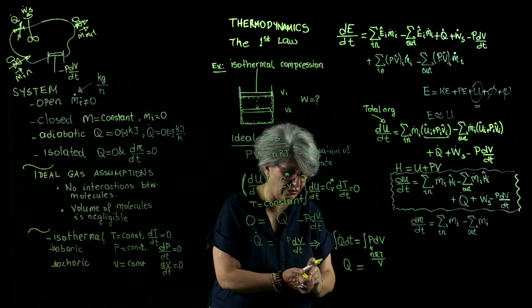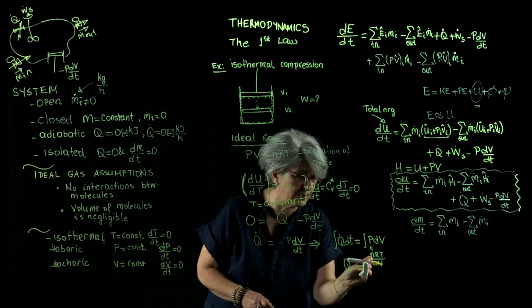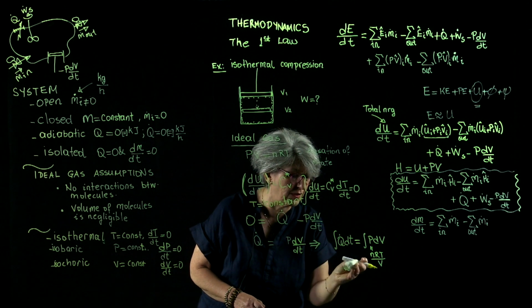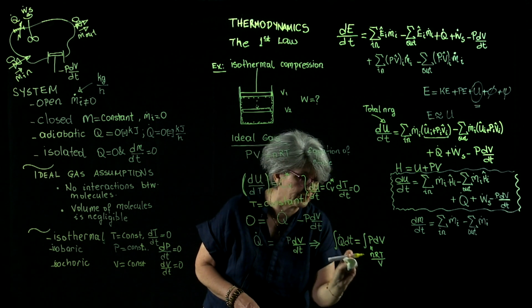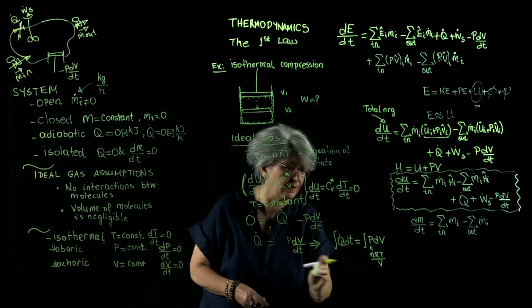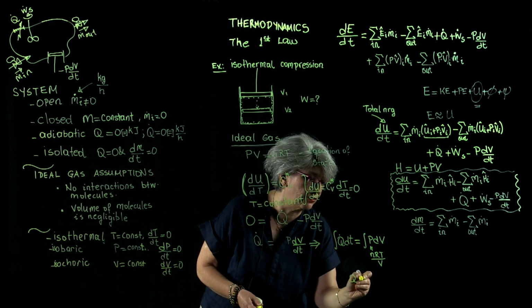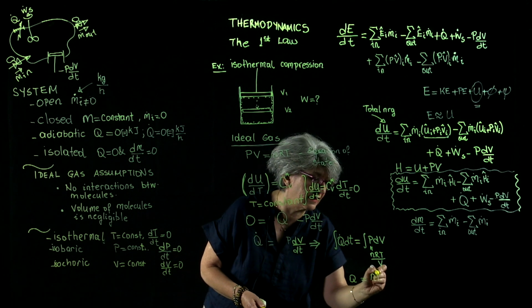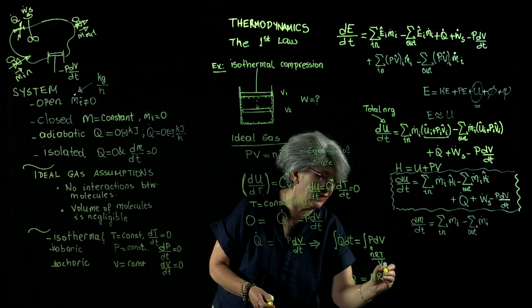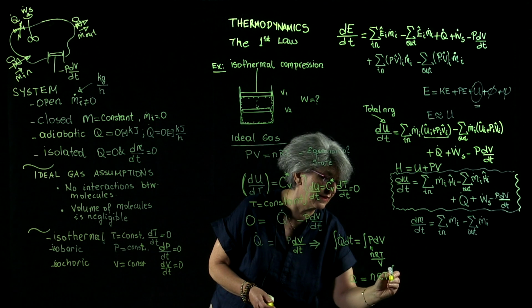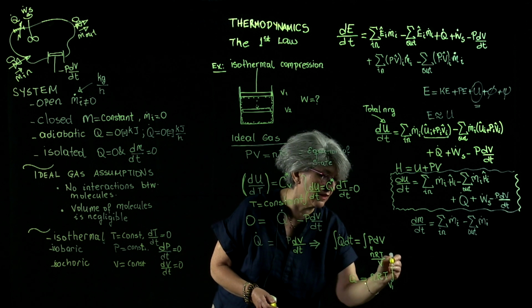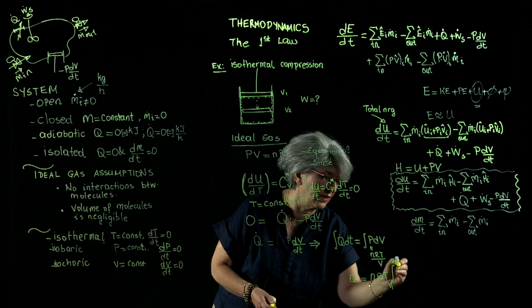Q is equal to, let's move it down a little bit so that we have a meaningful space, Q is equal to nRT integral from V1 to V2 dV over V.